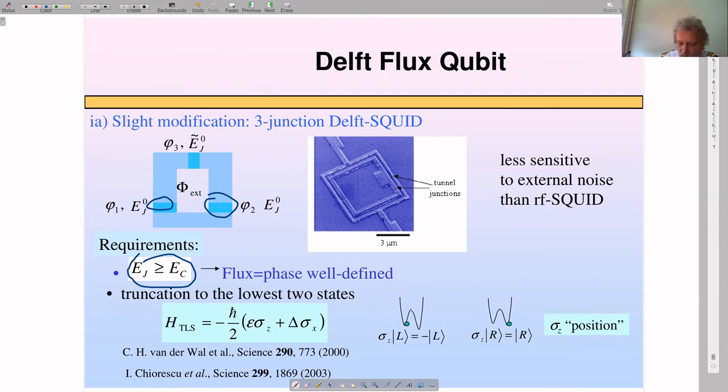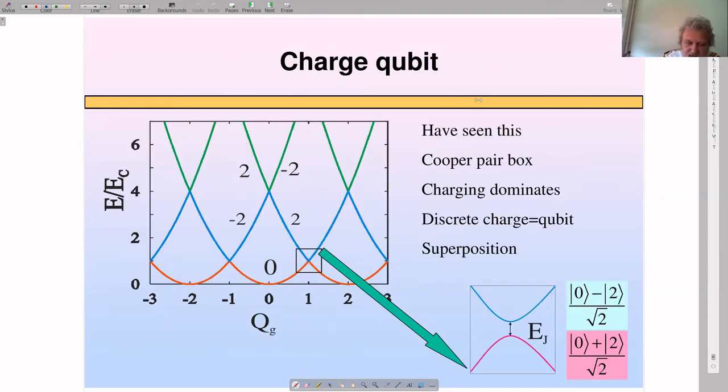Let me go on and describe yet another type of Josephson qubit, the charge qubit. Again, I will flash the picture which you have already seen.